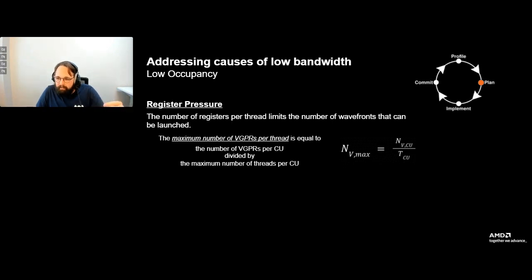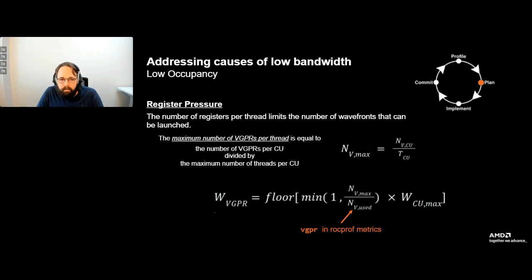The number of wavefronts per compute unit is going to tell me how many threads I can have per compute unit. And I know from the hardware specs how many vector registers there are. If I take the number of vector registers divided by the number of threads per compute unit, that's going to tell me how many registers I can give to each thread, and it will have no influence on dropping the number of wavefronts I can have in flight. So we need to know this number. So we get that from hardware specifications.